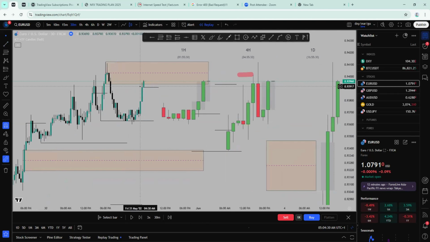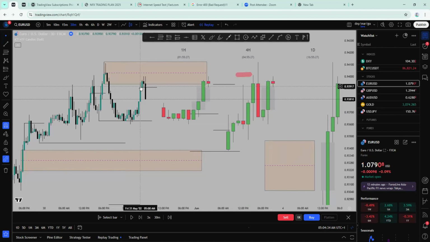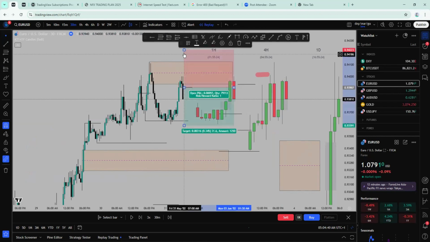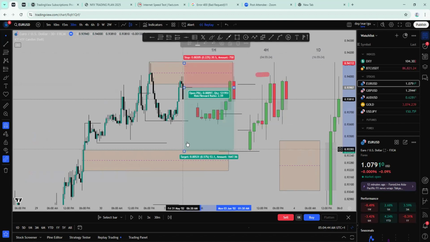All right, nice expansion to the downside. If we can now see a pullback to somewhere there, we can take the trade. Why are we waiting for a pullback? Because if we want to enter from here, our risk to reward ratio will be too bad. So we can just leave our entry there. If it taps us, good.